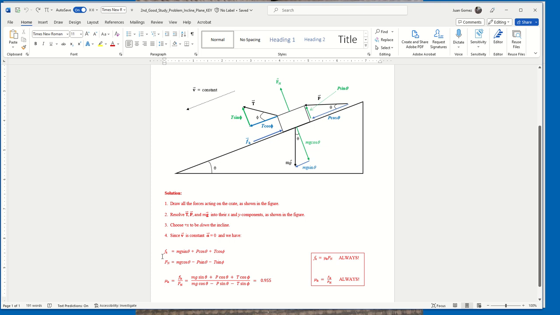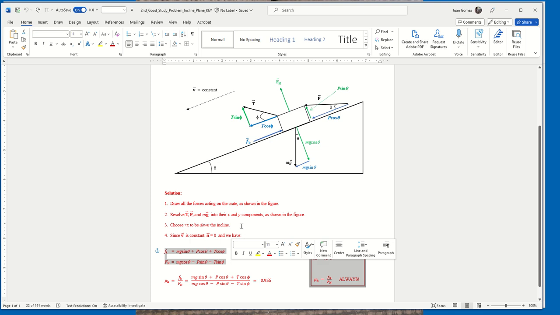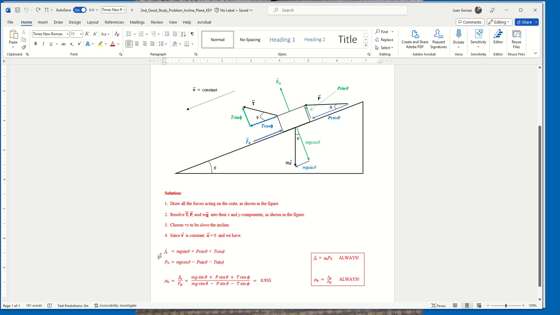So again, if you can understand where this equation for Fk came from and where the equation for Fn came from. Why? Because I want Fk divided by Fn. And that's just applying Newton's second law. The Fk equation comes about from applying Newton's second law in the x direction, and the equation for Fn comes about from applying Newton's second law in the y direction.